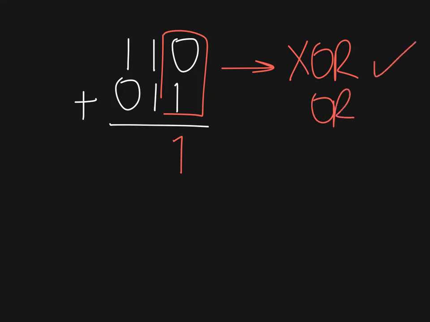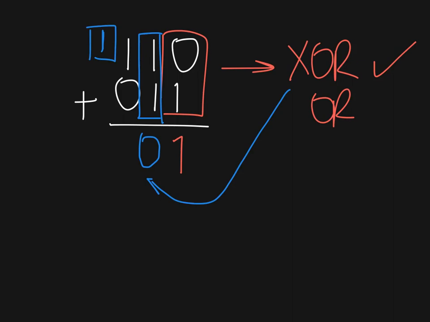So we're happy with the XOR gate. Let's move to the next column. We have 1 plus 1. Now 1 plus 1 actually gives us a 0, but it carries over a 1. So this is where it gets interesting. This 0, we get the result from the XOR. This carryover comes from the OR gate.